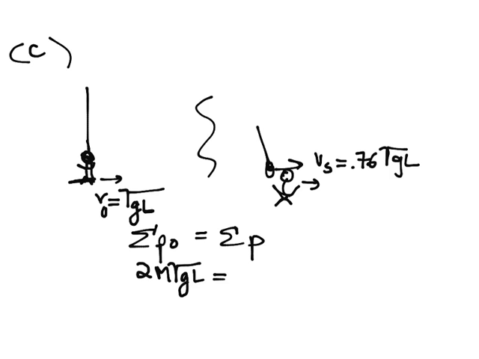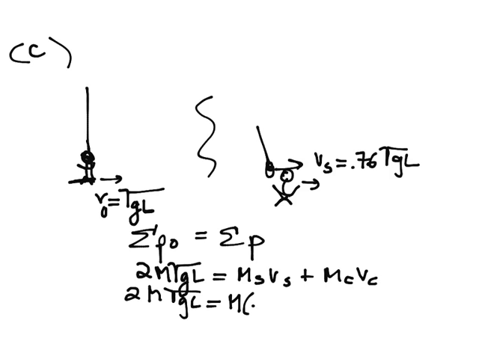At the end, we have the swing's momentum, so m swing v swing, plus m child v child. So we have 2m square root of gL is equal to the mass of the swing, which is just m, times 0.76 square root of gL, plus m vC, and we're solving, remember, for this vC.